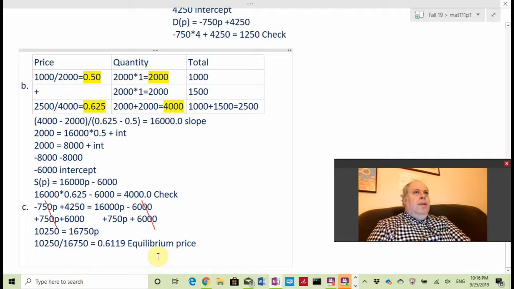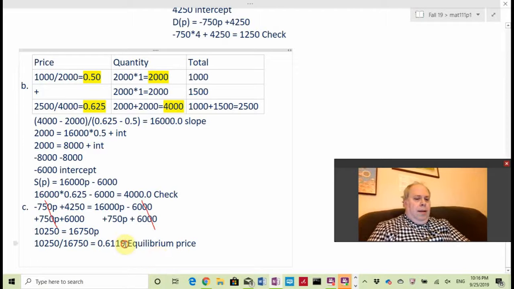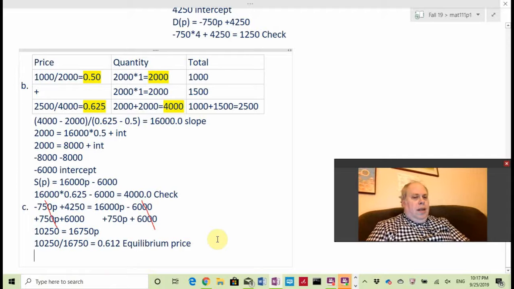Now, to get the equilibrium quantity, we'll plug that in. Let's round that a little bit. It's 0.612. Okay, it's already rounded, but let's round it a little more. I'm going to give it to the nearest tenth of a cent.